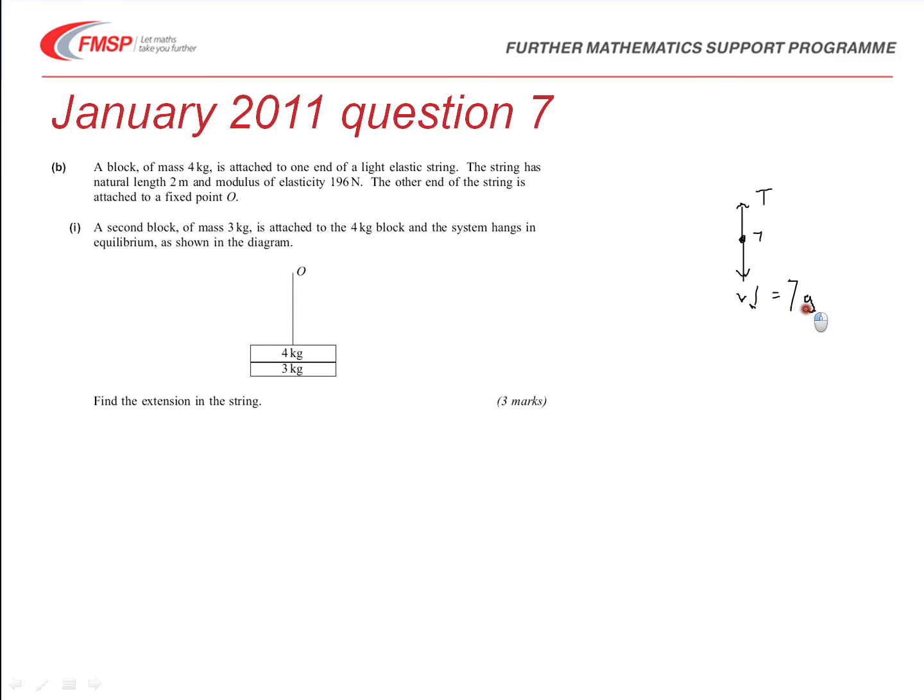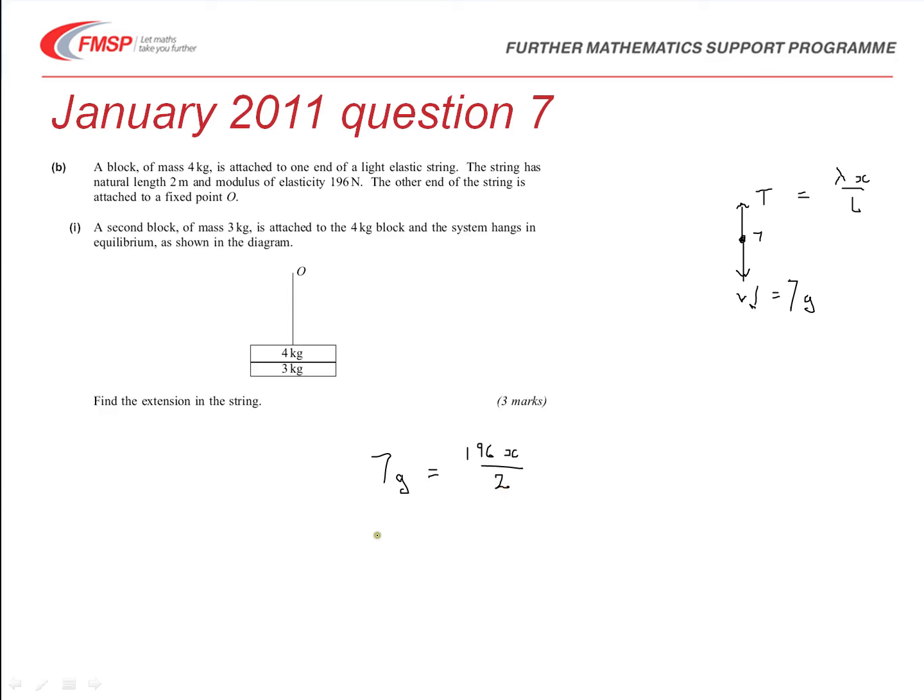To calculate the tension in the string we use lambda times the extension over its natural length, and so we know that 7g must equal lambda, which is 196, times the extension over the natural length, which is 2 meters.